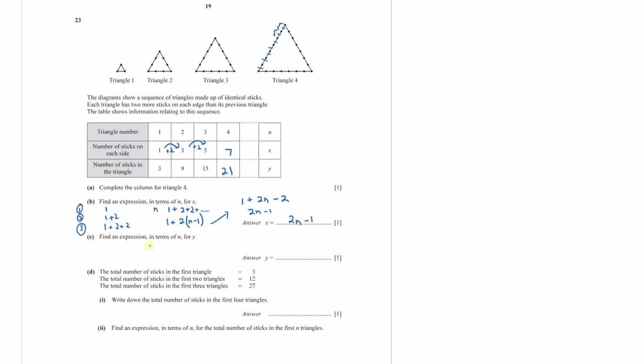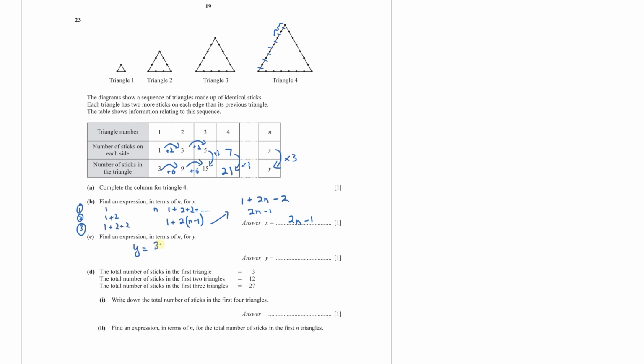Part C is find an expression in terms of n for y. For y, you are adding 6 to each previous value. But remember, when you calculated these values, you simply multiplied the x value by 3 to get the values in the bottom row. If you look here, 7 multiplied by 3, and 5 multiplied by 3 to get 15. So if you found x, you can multiply it by 3 to find the value of y.